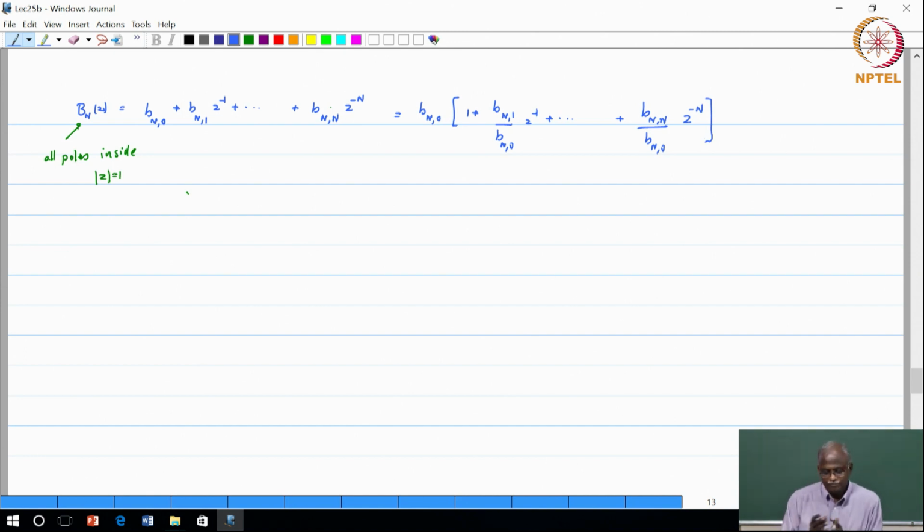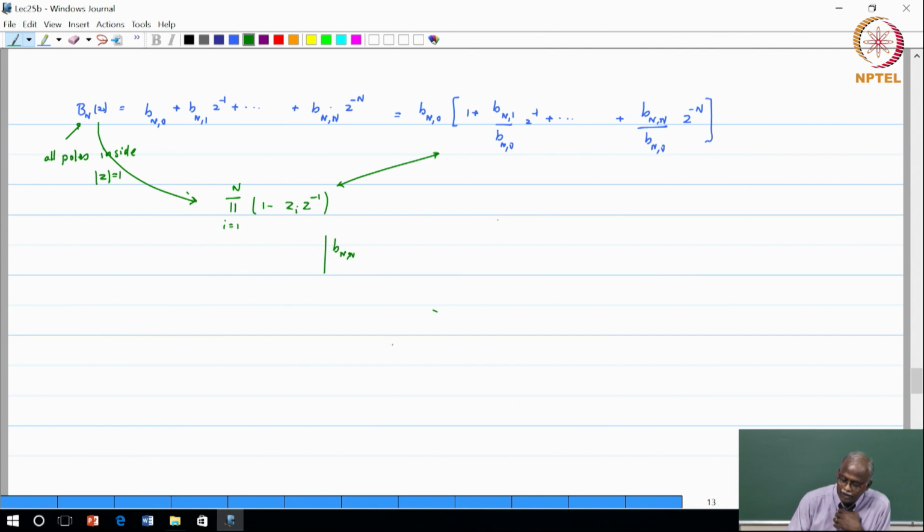You may wonder, just factoring one element out does not make any difference at all.